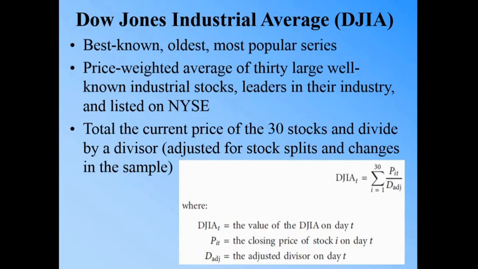We are not going to discuss the procedure through which these 30 companies are selected, but you should generally know that these are generally the largest companies listed on the New York Stock Exchange, and they are leaders in their own sector. But remember, there are probably more than 40 to 50 sectors on the New York Stock Exchange.